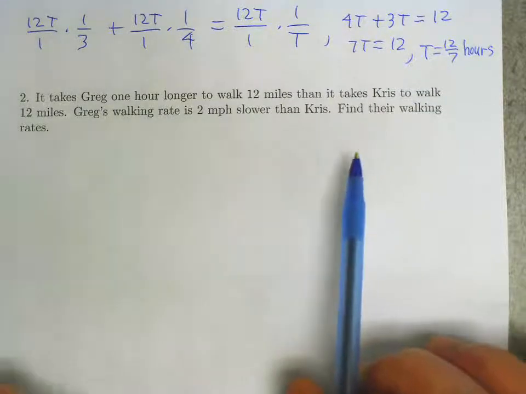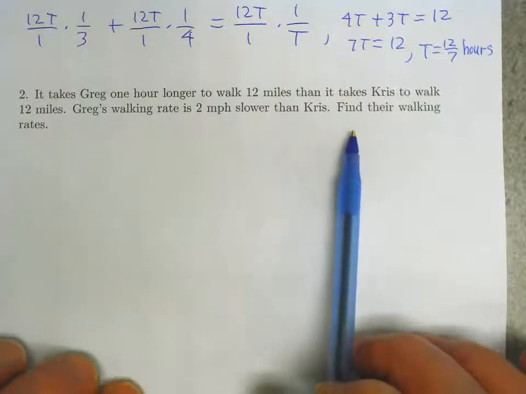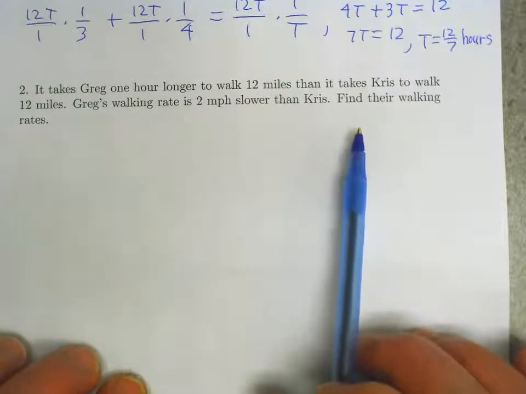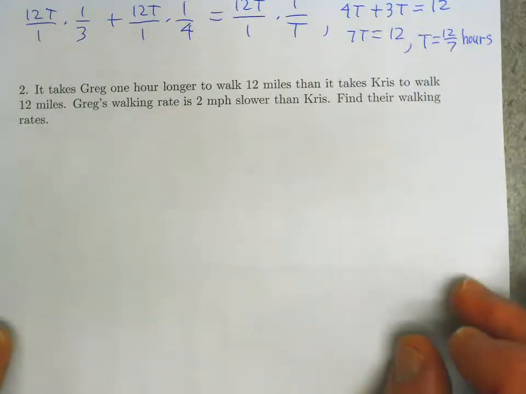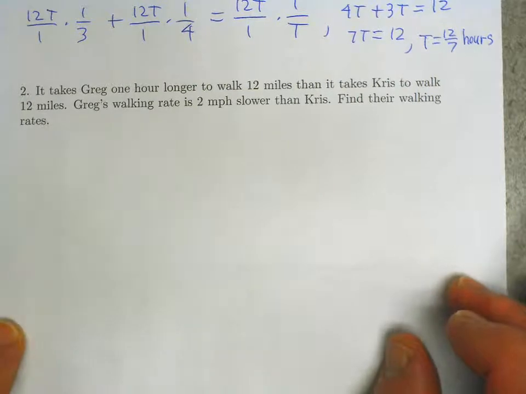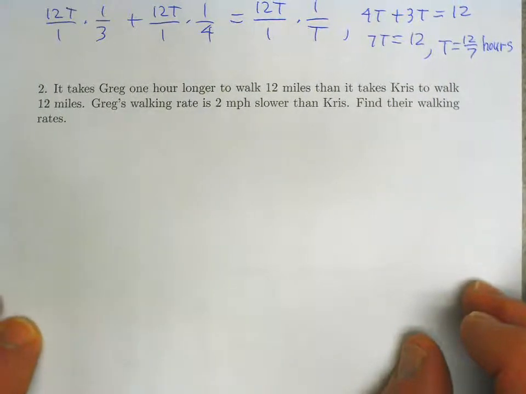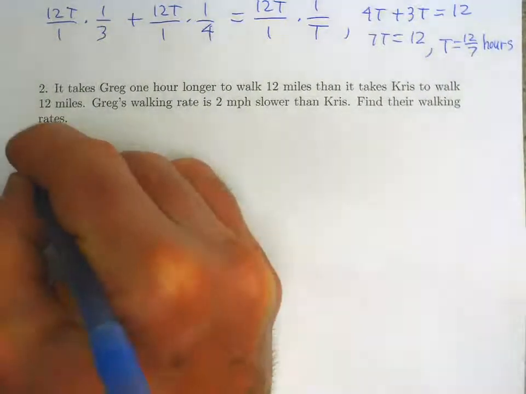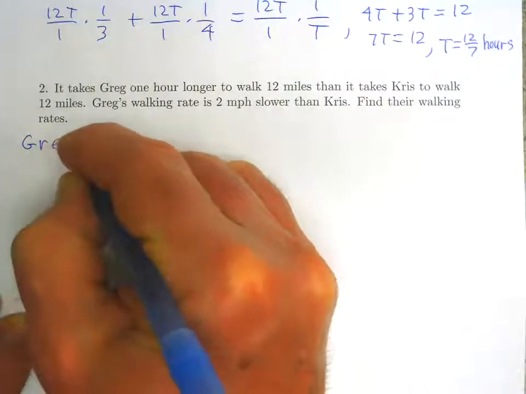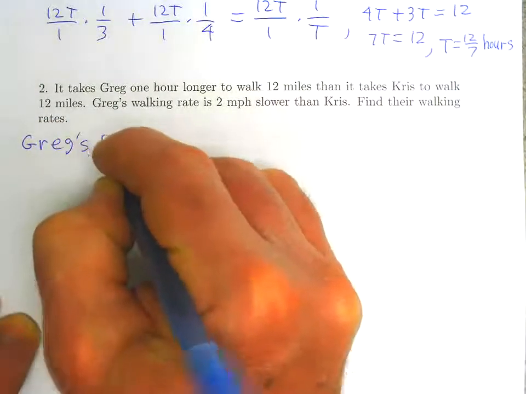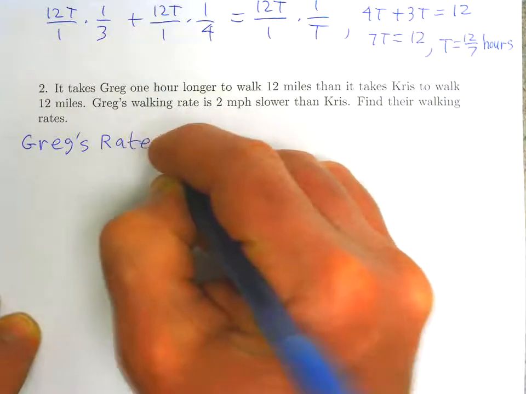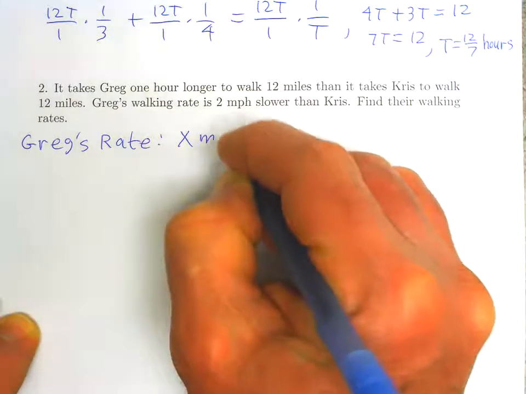But let's assign the variables first, and there are options that are equivalent when assigning variables. So for Greg's rate, I'll just pick X measured in miles per hour.